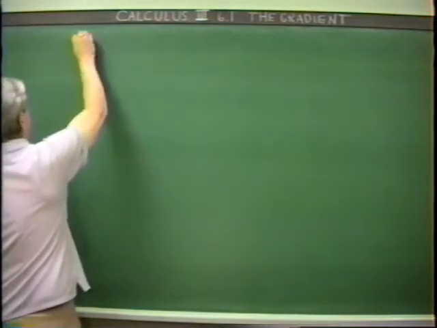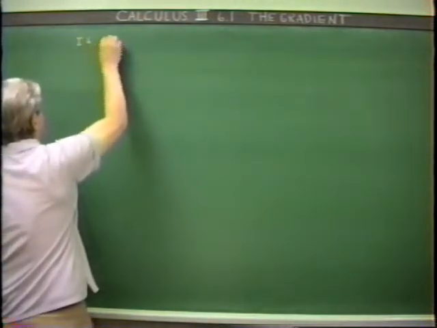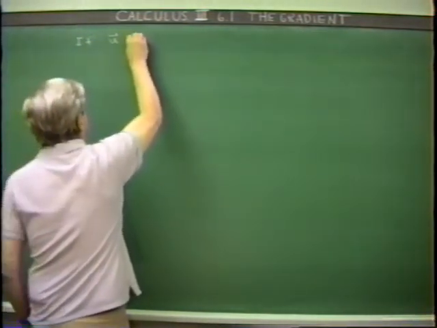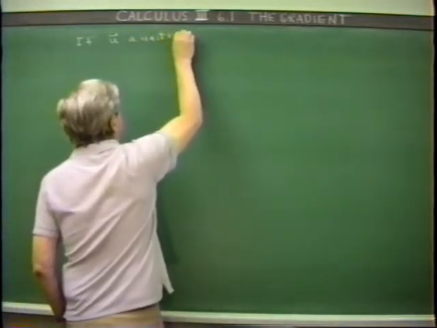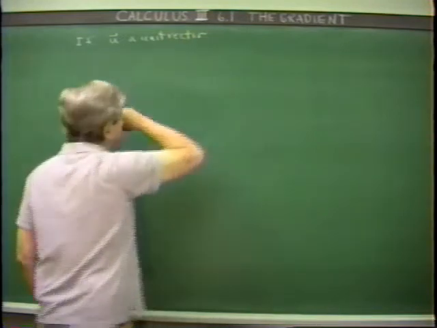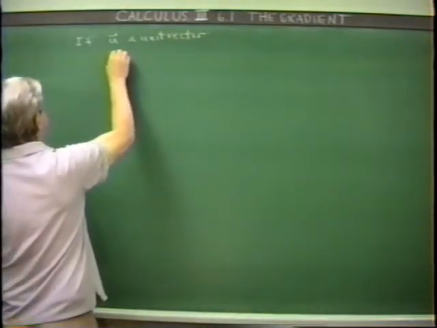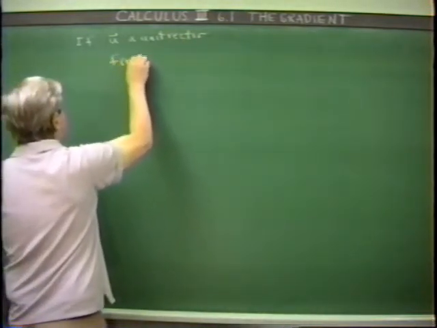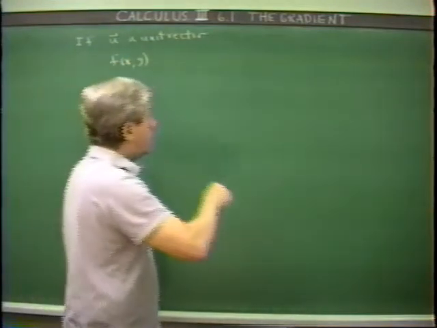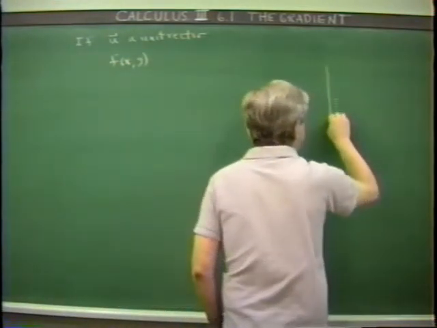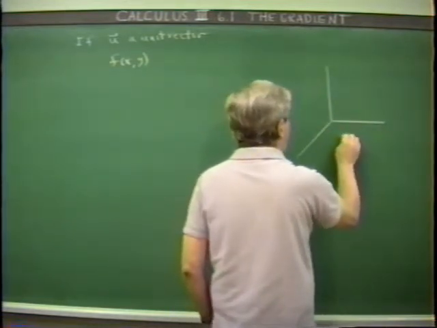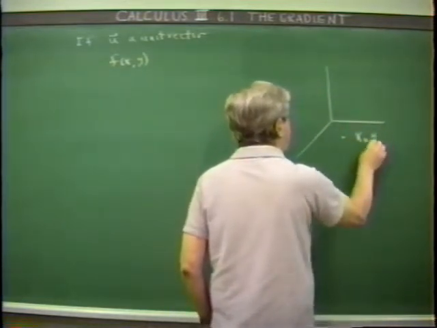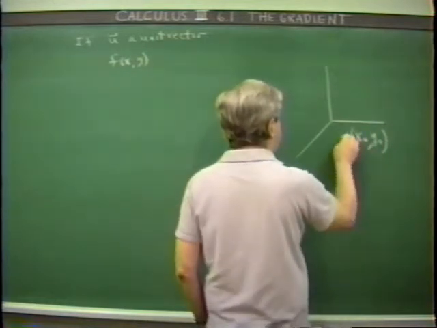First of all, if we've got a vector u, which is a unit vector, and a function f of x and y, we want to talk about the directional derivative in the direction u of f at x naught, y naught, where x naught, y naught is a particular point in the plane.